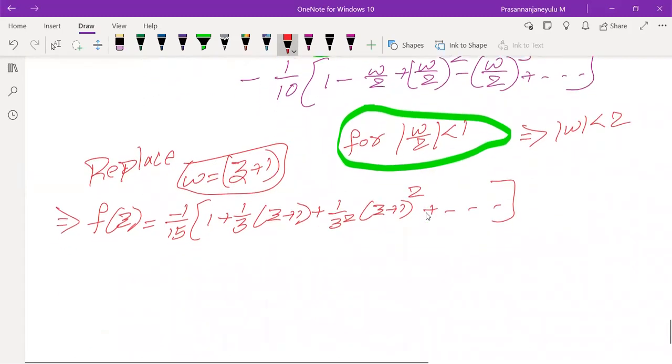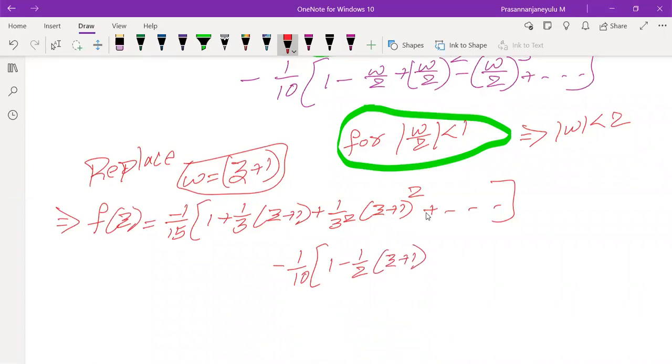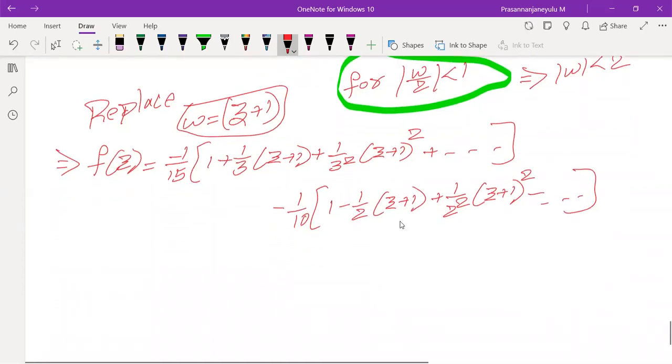Minus 1 by 10 into 1 minus 1 by 2 into z plus 1 plus 1 by 2 square into z plus 1 whole square minus and so on. Now I am writing both the regions at a time.